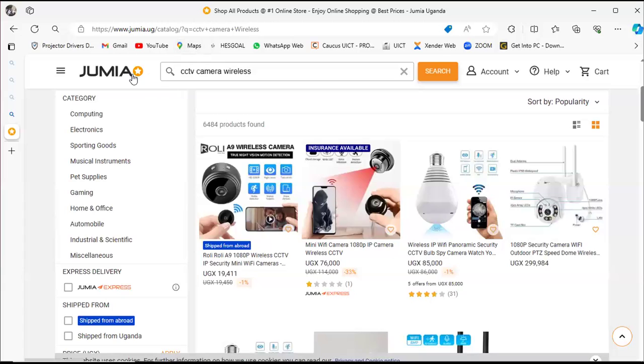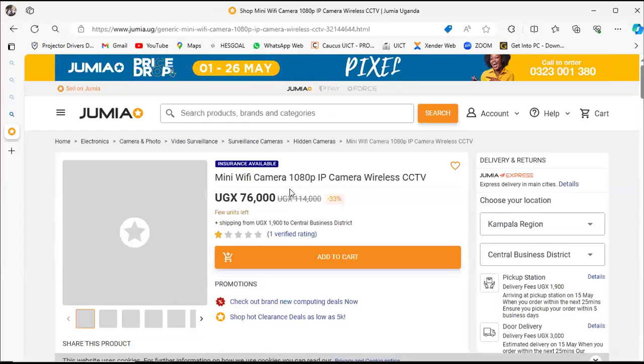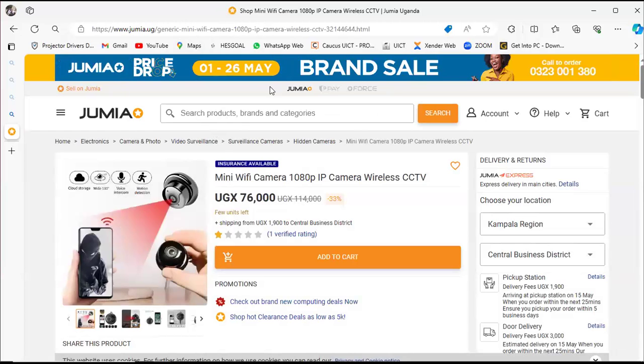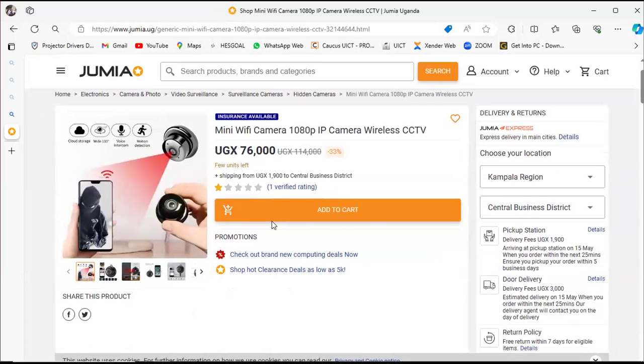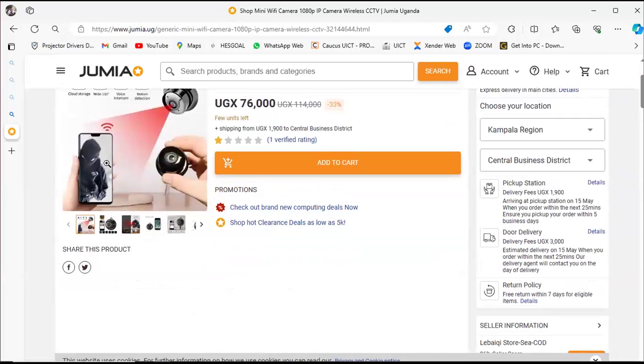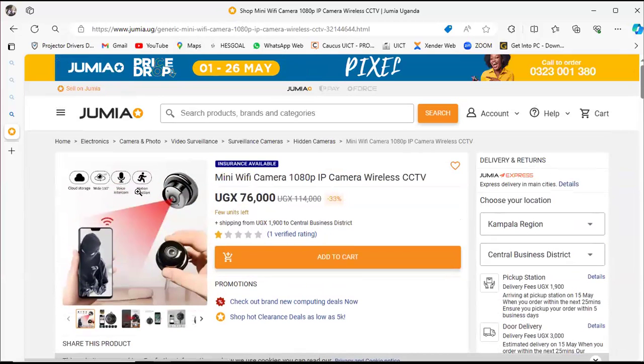When you go to Jumia, you'll be able to buy such. I don't know if you're able to see. Unfortunately, I don't have two screens here to see if you're able to see this. Now, there is a camera here called mini Wi-Fi camera. It's very good at 76,000. When you open it to read about it, you can see the specifications. You can buy it. It can be connected to your phone. You put it outside, it can pick the voice as well.